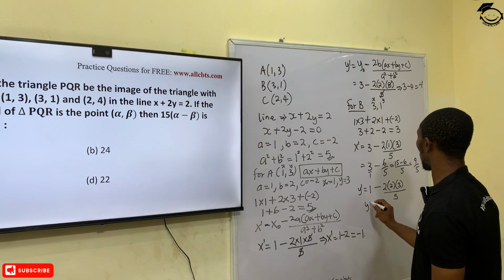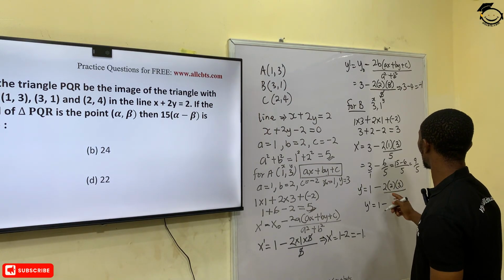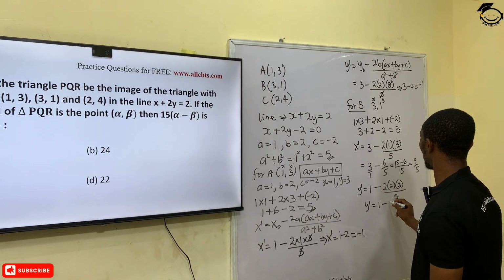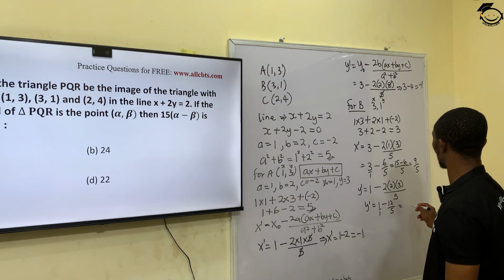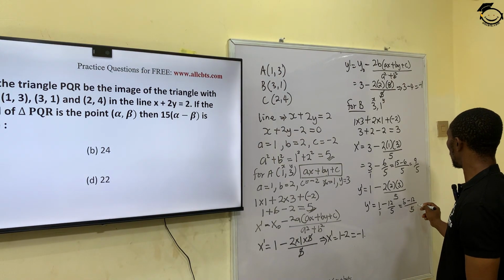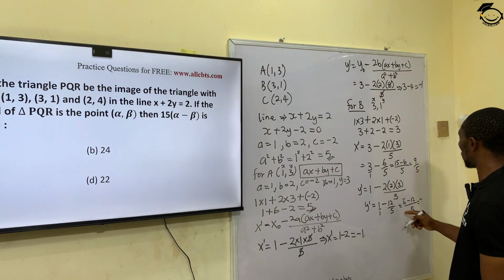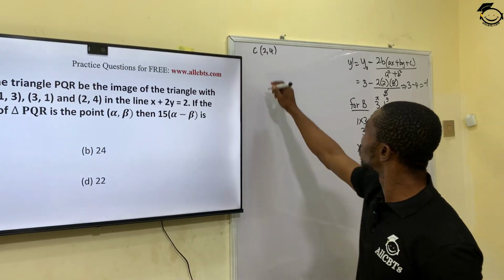So this gives us y bar equals 1 minus 4 times 3, 12 over 5. So finding our LCM here, this is 5 all over 5 minus 12, which will give us minus 7 over 5.